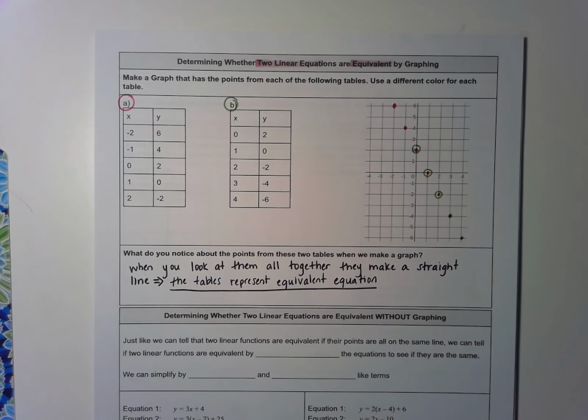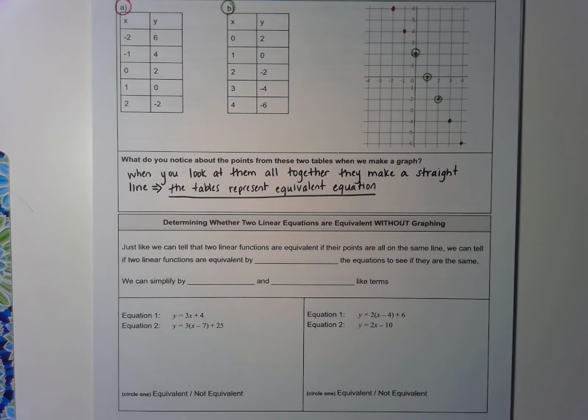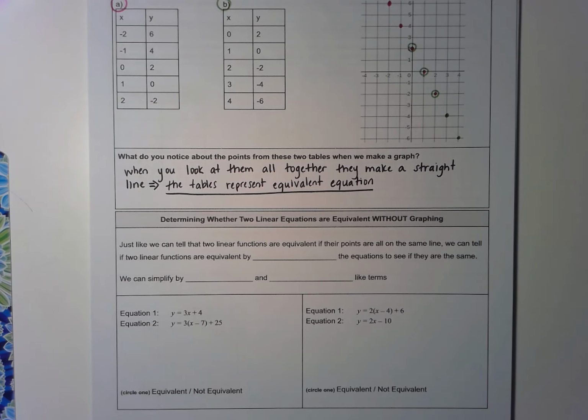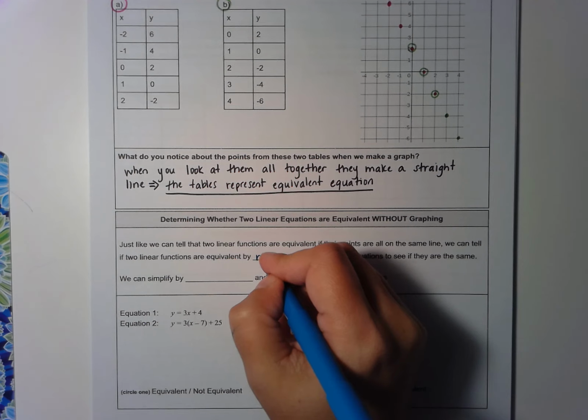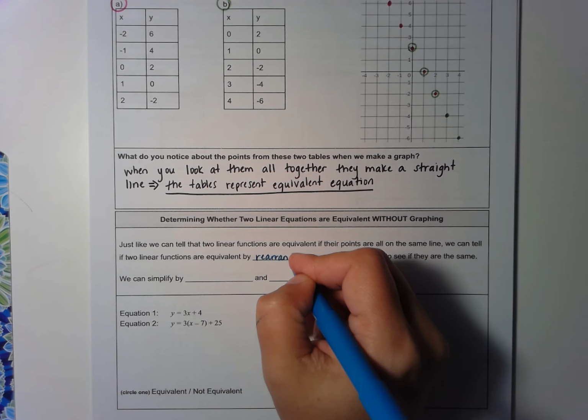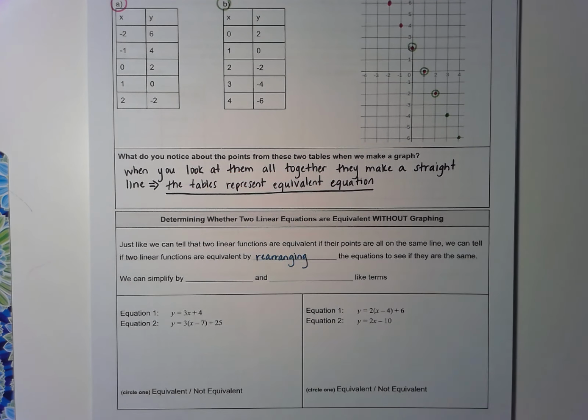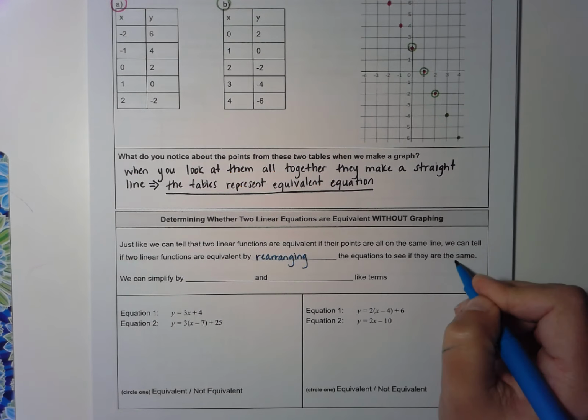Now, what if we don't have a graph? Just like we can tell that two linear functions are equivalent if their points are all on the same line, we can tell if two linear functions are equivalent by rearranging their equations to see if they're the same.